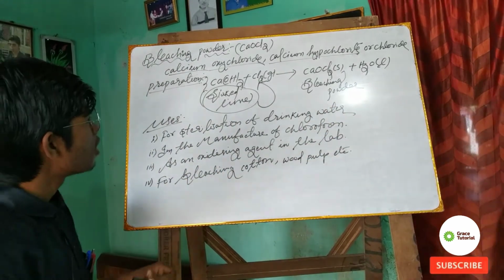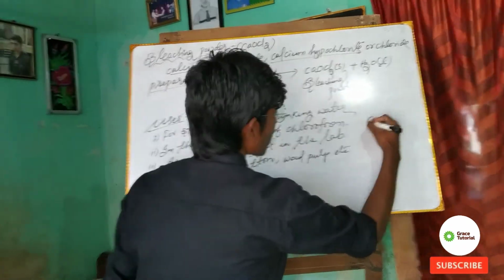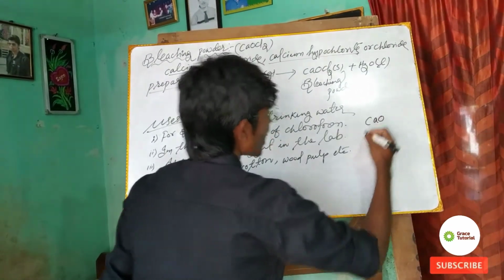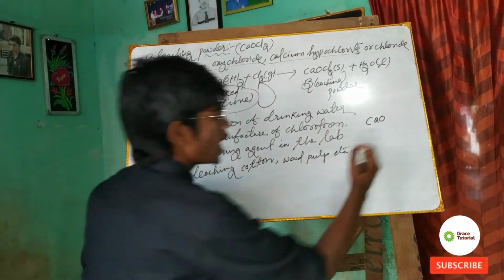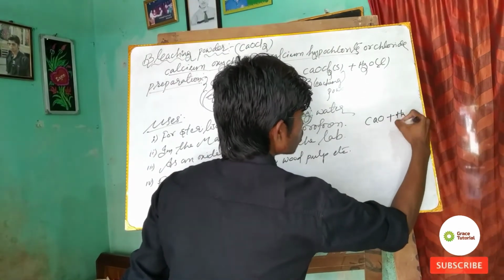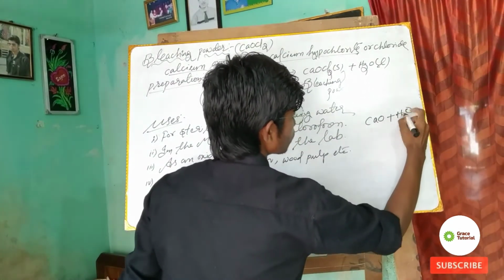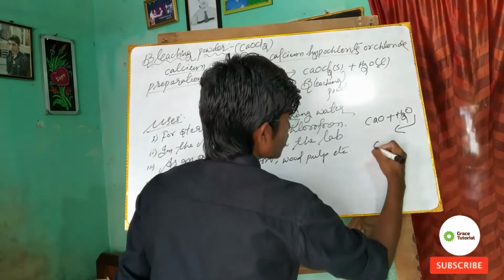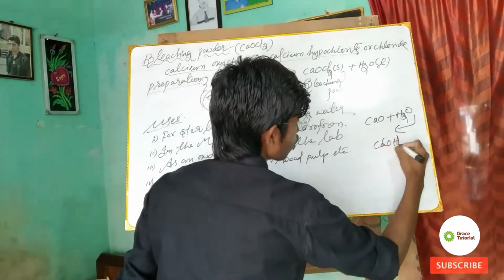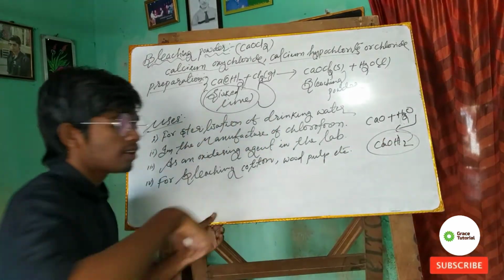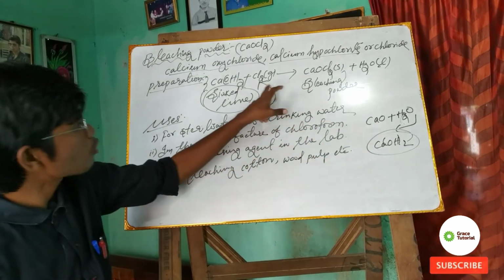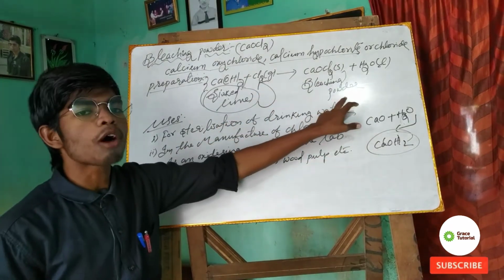That means if you have calcium oxide, which is quicklime, and dissolve it in water, you will get calcium hydroxide, which is slaked lime. And if the slaked lime reacts with chlorine gas, bleaching powder is obtained.